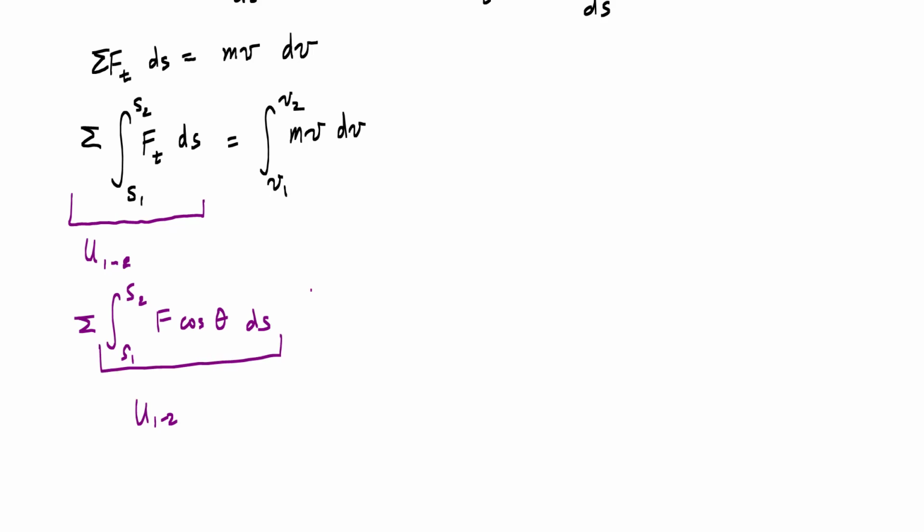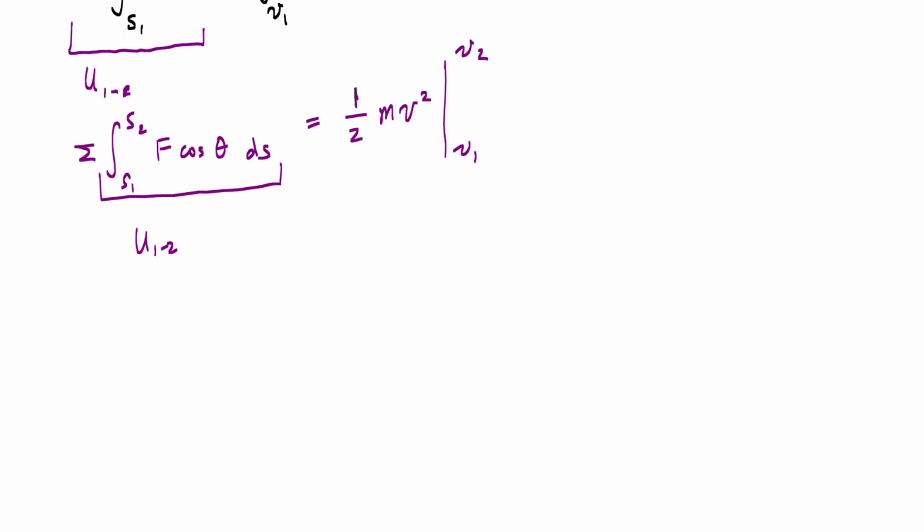And on the right here, if I integrate this, this would be 1/2 mv squared evaluated from v1 to v2. And if I write this one more time, the sum of the work from 1 to 2 is equal to 1/2 mv2 squared minus 1/2 mv1 squared.